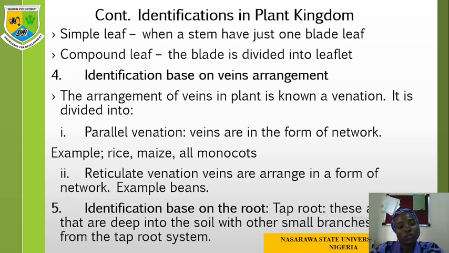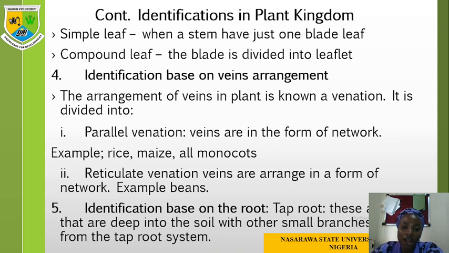Now you can also identify plants on their vein arrangements. The arrangement of veins in plants is known as venation. You find out that some plants have parallel venation, that is, when the lines running through the veins are parallel to each other, is known as parallel venation.